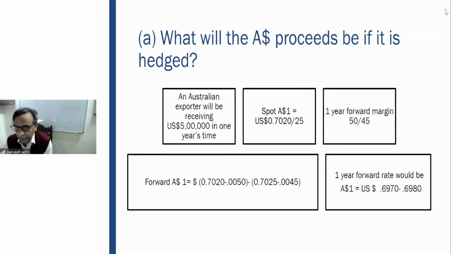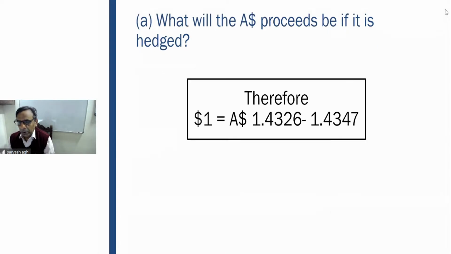Now, he is an Australian exporter, so the bid price will be important for him, not the ask price. But the quote has been given in terms of US dollars, meaning how much A$1 is equal to in US dollars. Actually, we need the indirect quote, because we want to find the price of US$1.